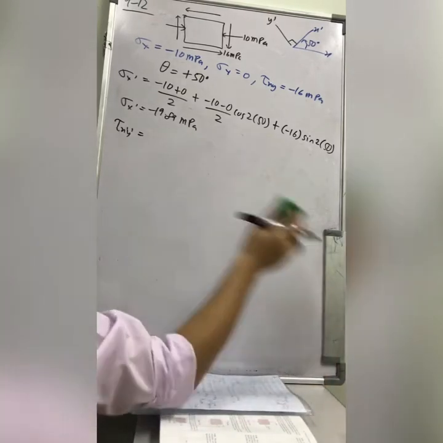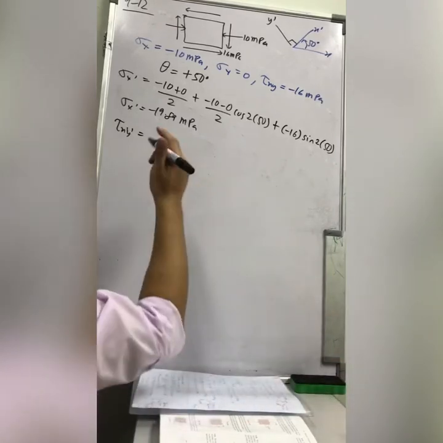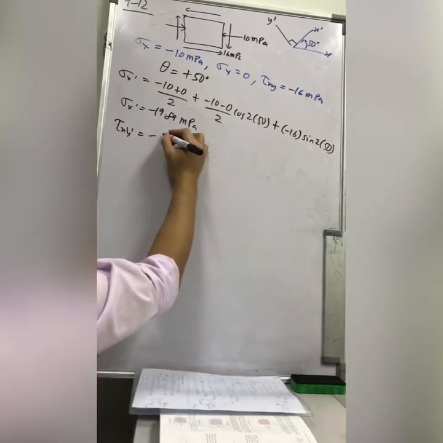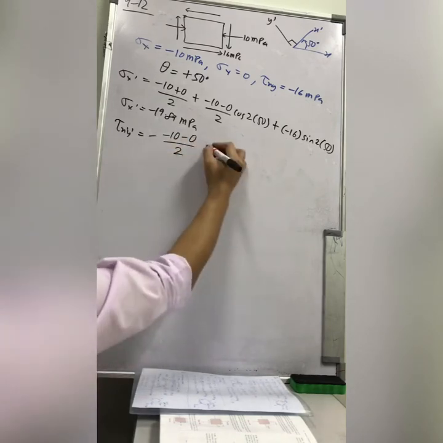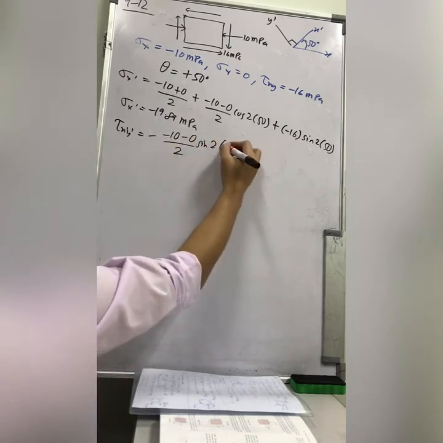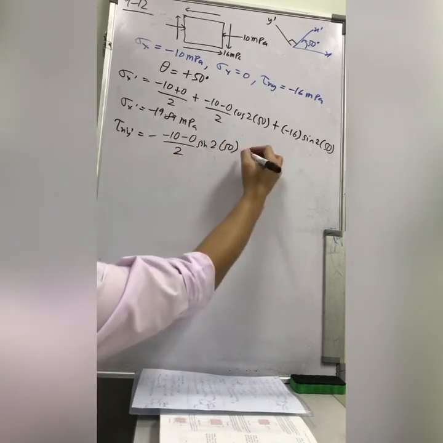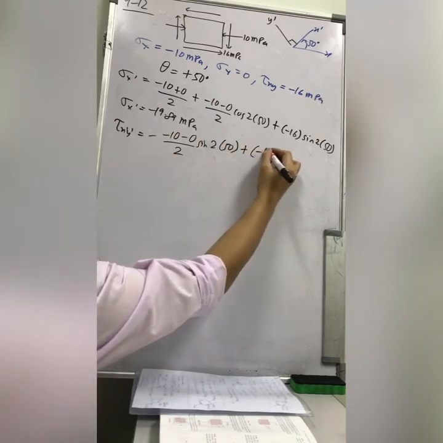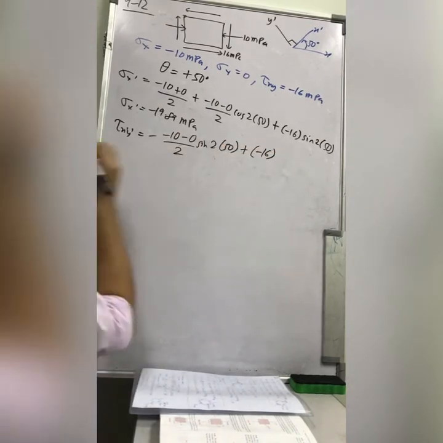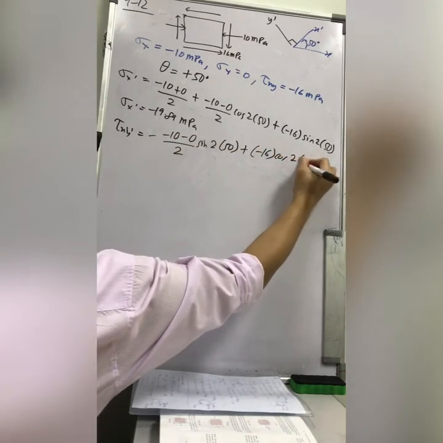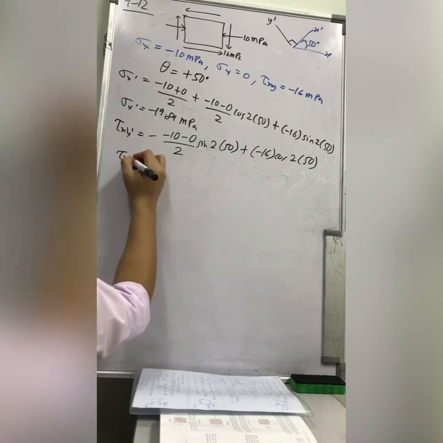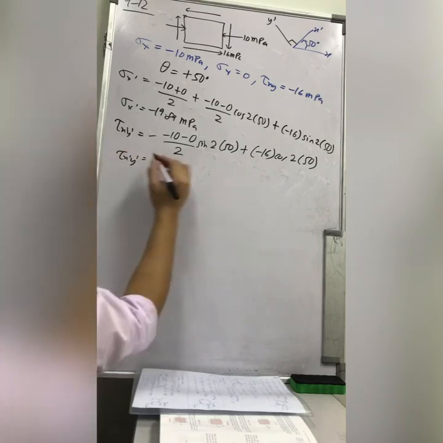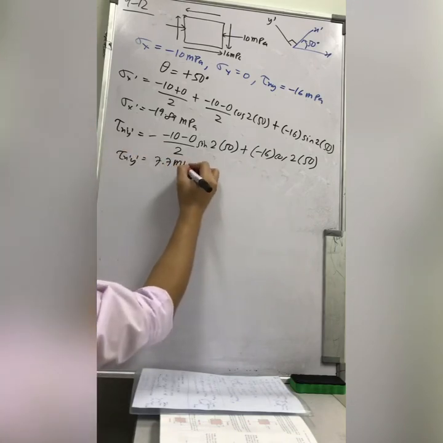So your tau x prime y prime is minus sigma x minus sigma y divided by 2, sine 2 theta, plus tau xy, which is minus 16, cosine 2 theta, which is 2 times 50. So your tau x prime y prime is 7.7 megapascal, positive.